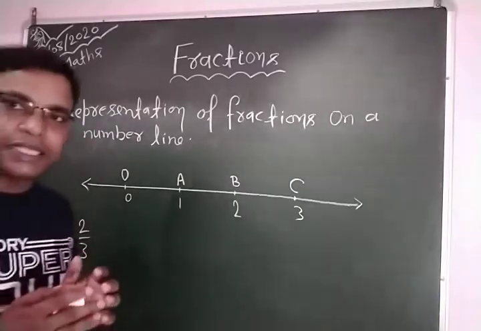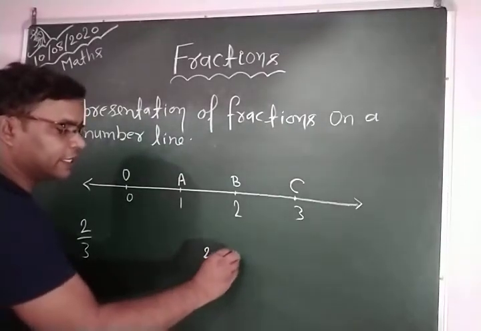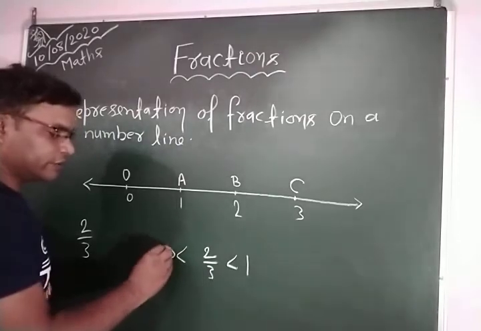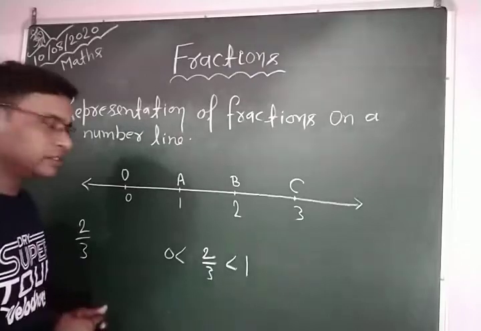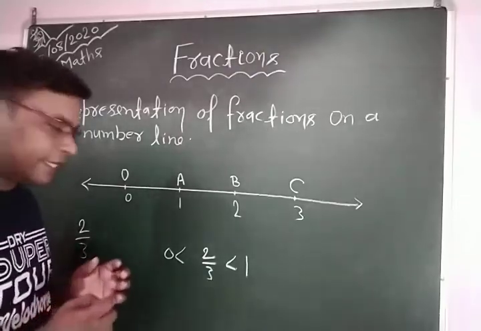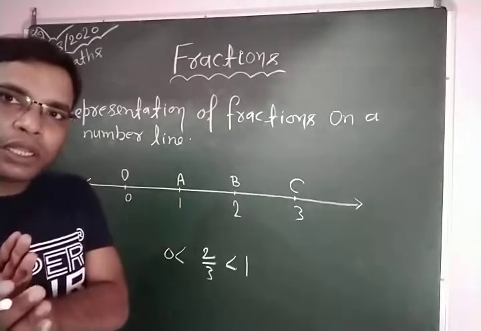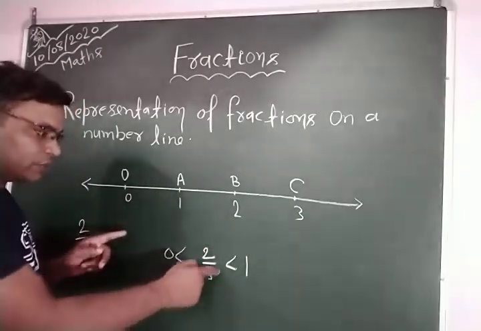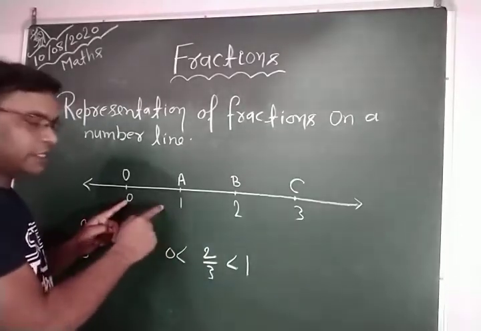So 2 by 3 is less than 1 but greater than 0. It means 2 by 3 lies between 0 and 1.